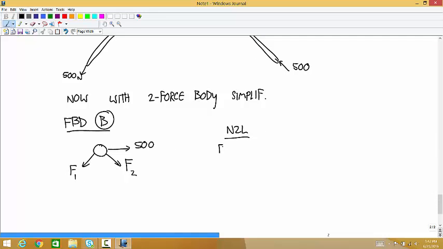So it's going to be F1 times negative 0.5, negative 0.866. F2 is multiplied by the unit vector positive 0.5, negative 0.866.